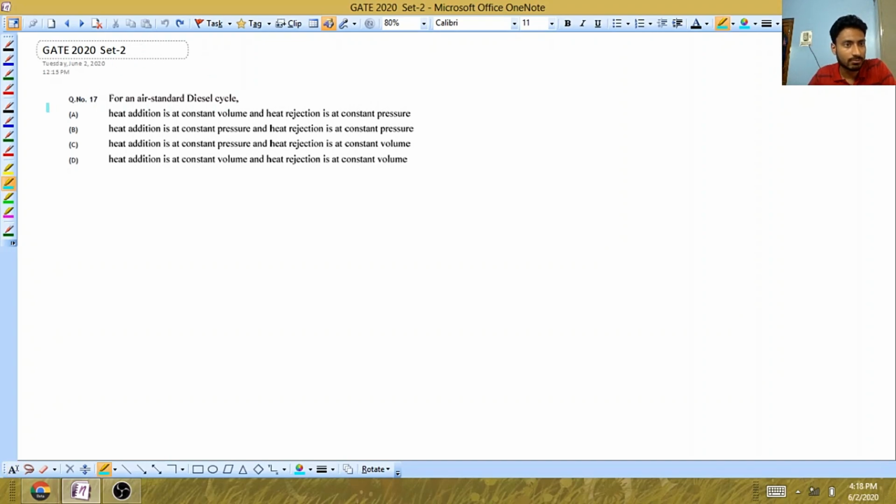So for question number 17, they have said air standard diesel cycle. What do you mean by air standard diesel cycle? Air standard means we know that any engine requires fuel to run, but in air standard it's a hypothetical situation, a hypothetical engine in which only air is employed to run the engine.